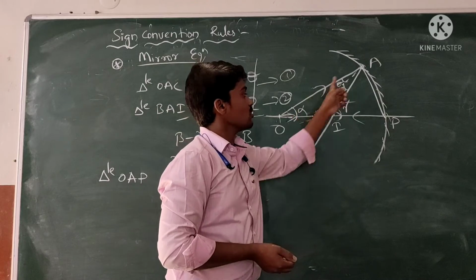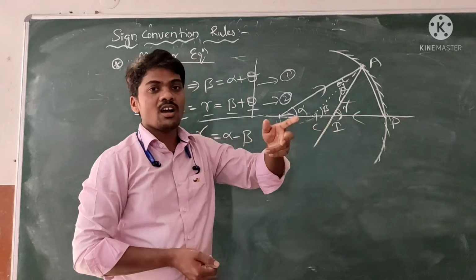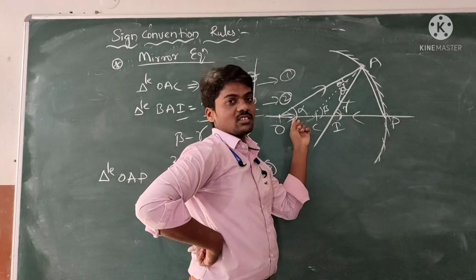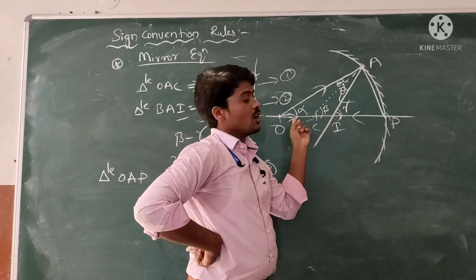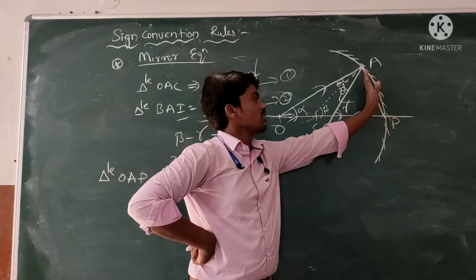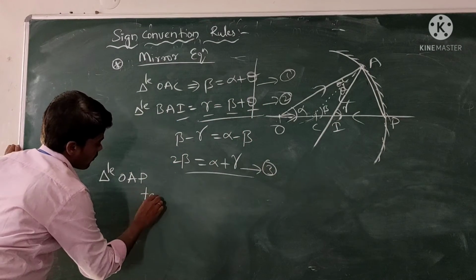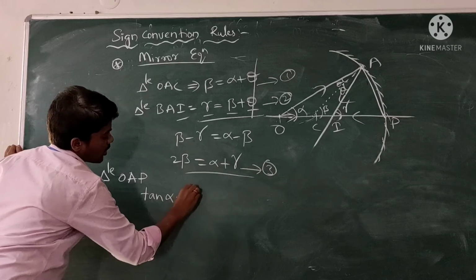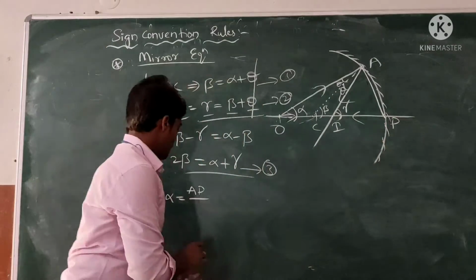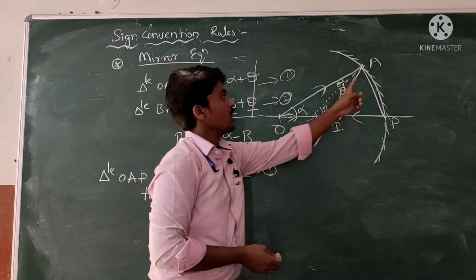Tan alpha equals AP by, tan alpha means opposite side by adjacent side. Here the opposite side is AB, AB means height. Tan alpha equals AB by PO. AB equals height.